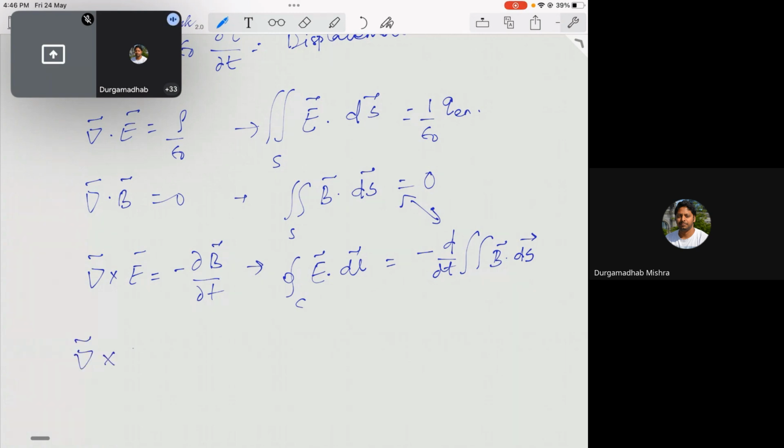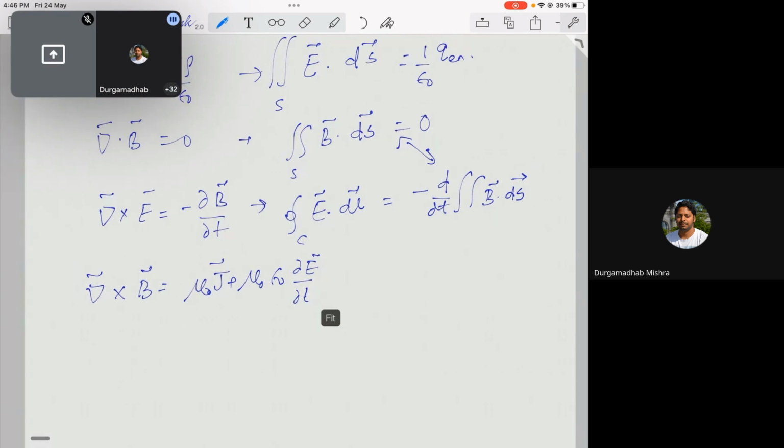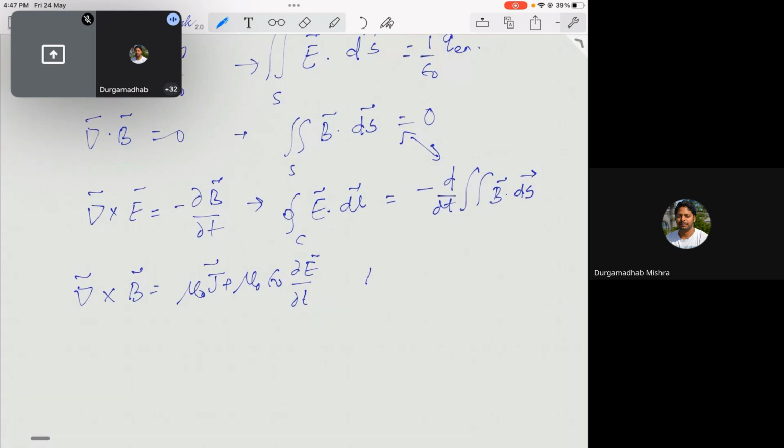Okay, so curl of B will be mu naught J plus mu naught epsilon naught del E by del t. In integral form, you will write B dot dl is equal to mu naught I enclosed.